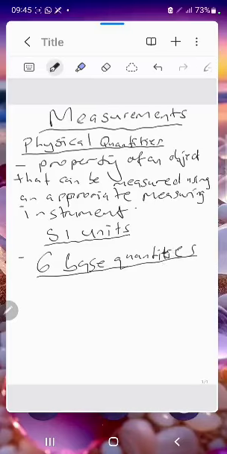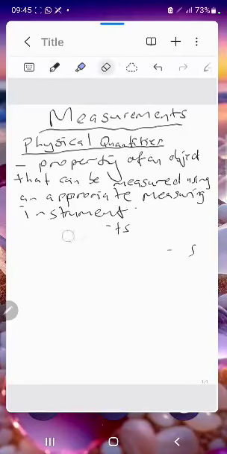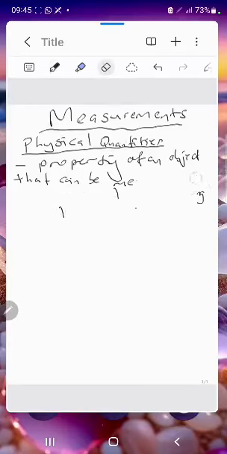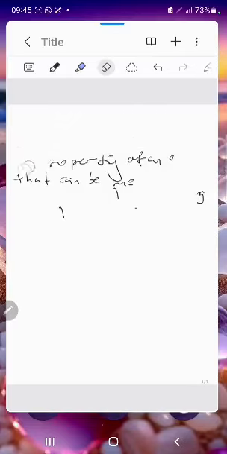Let me erase everything to create more space. All right. So we are saying we have what we call quantity, and we have what we call units.